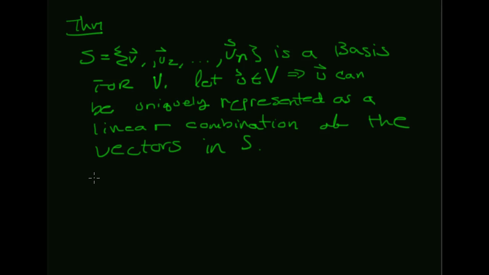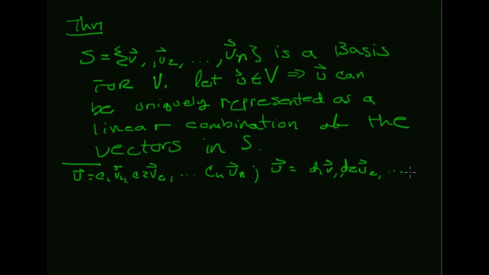Okay, so we're going to prove this. It's pretty straightforward. We let u be the linear combination c1v1 plus c2v2 out to cnvn. And then we say, well, what happens if u is a different linear combination, d1v1 plus d2v2 out to dnvn?